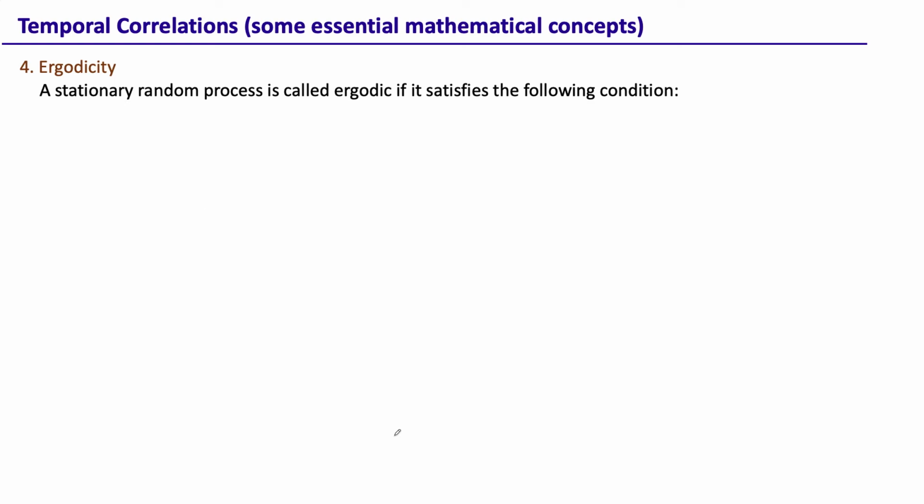Now, a stationary random process is called ergodic if it satisfies the following condition. What is that condition? Since it's stationary, the gamma will depend only on tau.